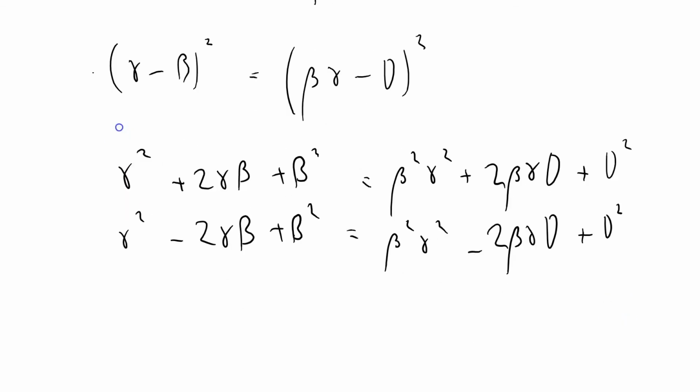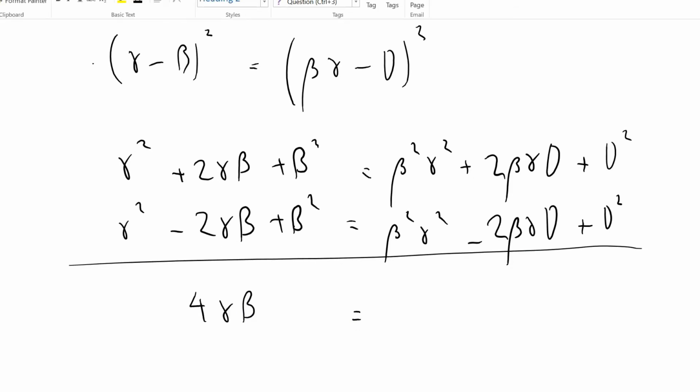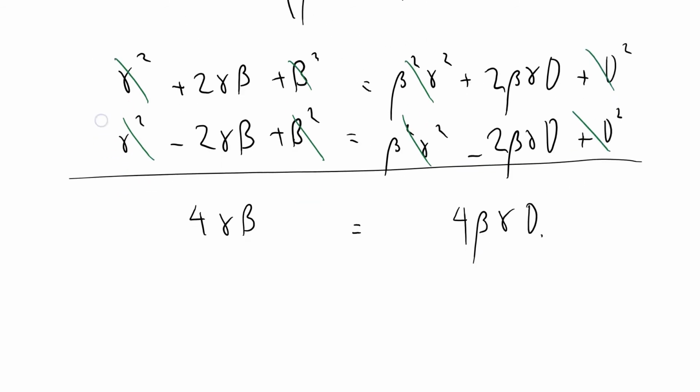And of course I'm going to subtract one from the other and see what we get. 4 gamma b, everything else cancels. Actually I like cancelling. Cancel, cancel, cancel. Equals 4 beta gamma d. So cancelling by 4 gamma, b equals beta d. There we go.